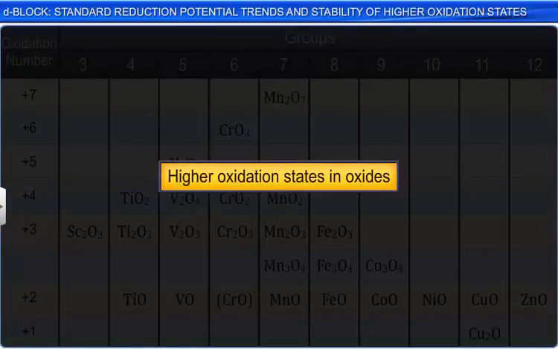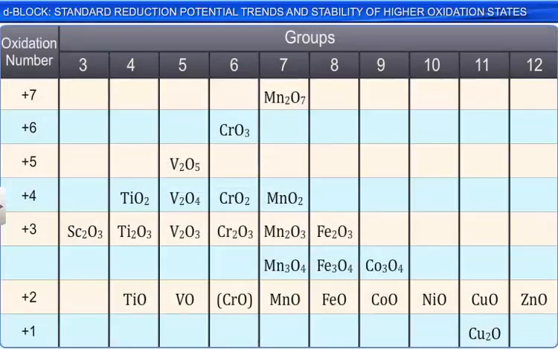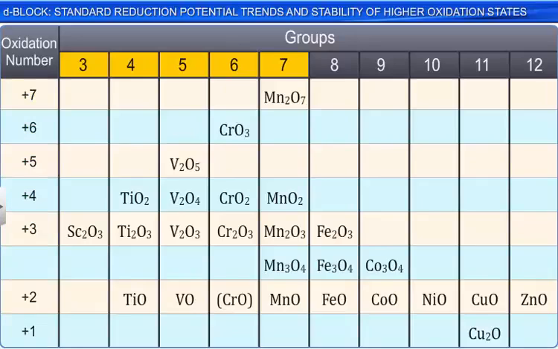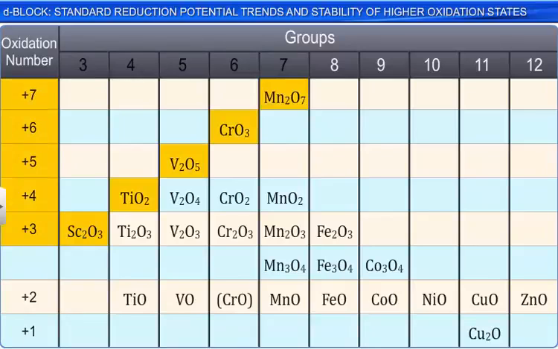Now let's look at the higher oxidation states in oxides. The table here lists the oxides of the 3d series of elements. The highest oxidation number in an oxide coincides with the group number and is attained from scandium 3 oxide to manganese 7 oxide.